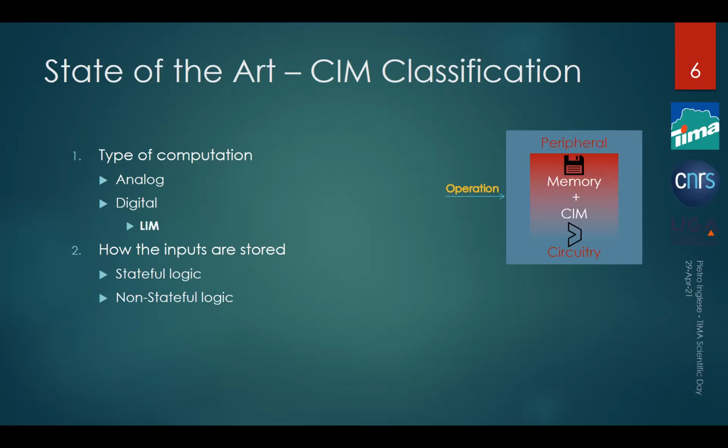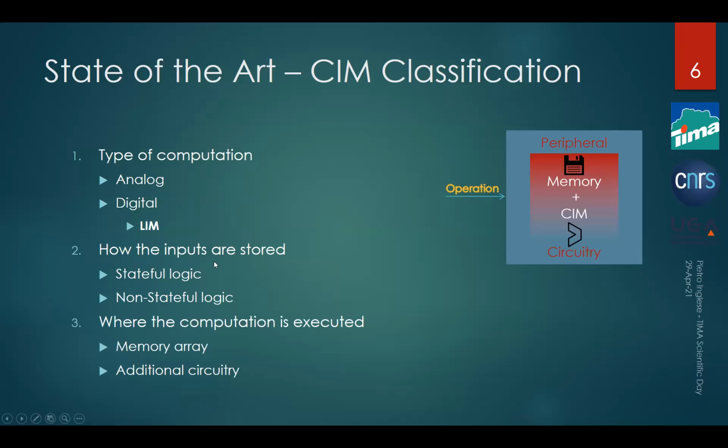The possibility is inside the memory itself, so the inputs are stored as memory content, and in this case we are talking about stateful logic, or they are stored as an electrical signal, and then we are talking about non-stateful logic.